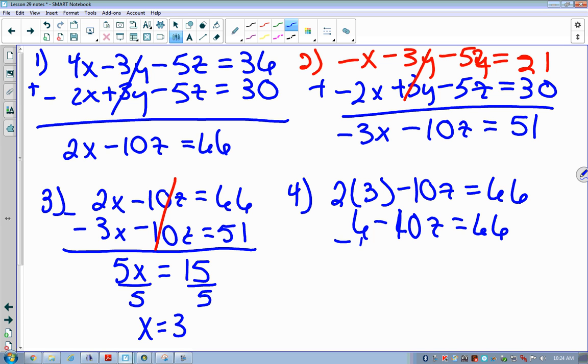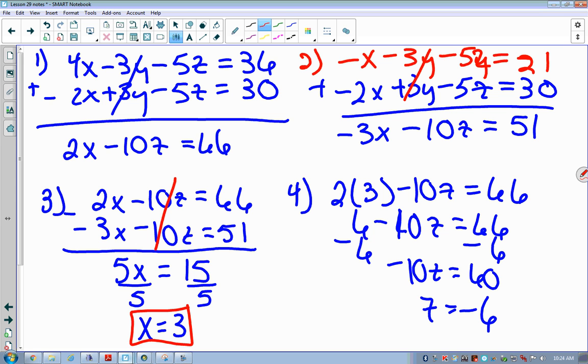Subtract 6 from both sides. We have negative 10z equals 60. Divide by 10, z equals what? Negative 6. So we've got x equals 3, z equals negative 6.